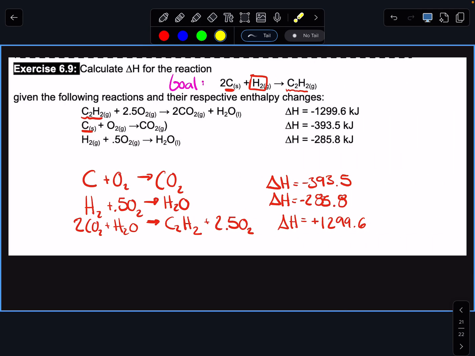So looking at my goal reaction, I'm going to do this one in blue. I see that there's 2 carbons in the goal reaction, but in this equation it only gives me 1 carbon. So I'm going to multiply everything in that equation by 2 so that it matches the goal, which means I then multiply its heat by 2.